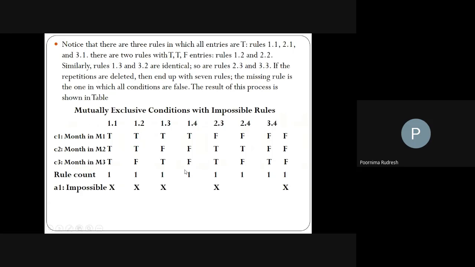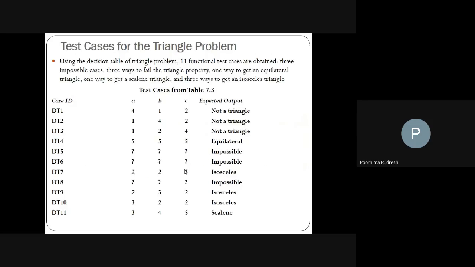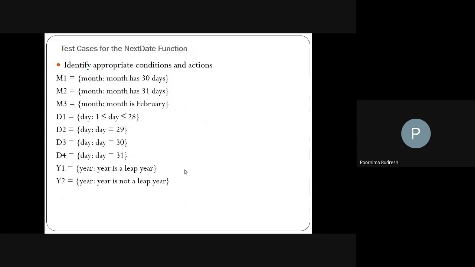With the help of these decision tables, we are going to construct the test cases for the next date function. To construct them, first we have to identify the appropriate conditions and the actions. So we are defining three values for the months, four values for the day, and two values for the year.